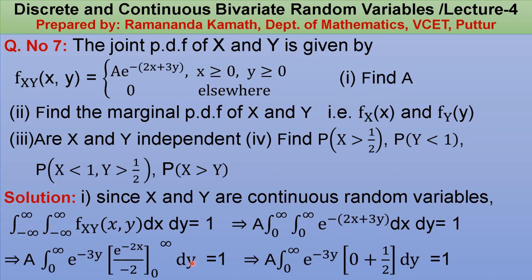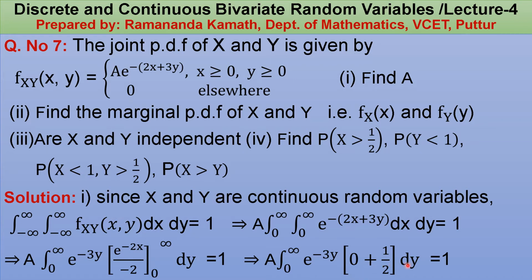So a into integral 0 to infinity e power minus 3y. Now calculate the difference. Put x as infinity, e power minus infinity will be 0. So 0 by minus 2 is 0. Put x as 0, e power 0 is 1. So 1 by minus 2, minus half. So the difference will be 0 minus of minus half, 0 plus half, dy.